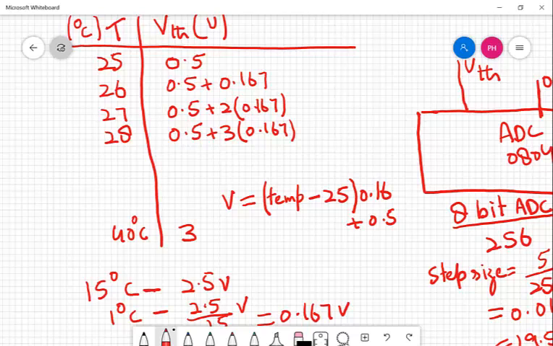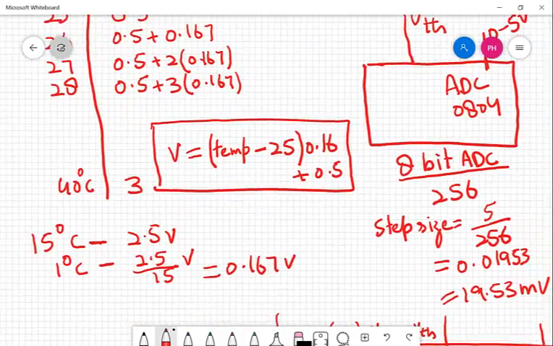It's actually a simple equation for a straight line between VTH and T, y equals mx plus c. These are the initial intercepts. T starts from 25 and VTH starts from 0.5. So this is our second important equation for today.